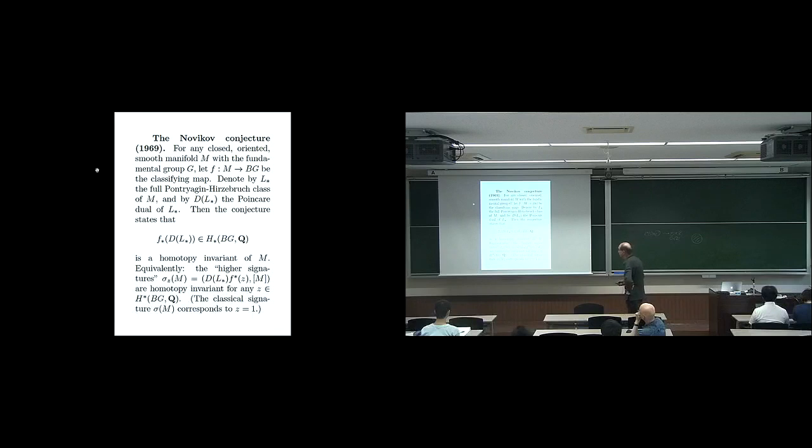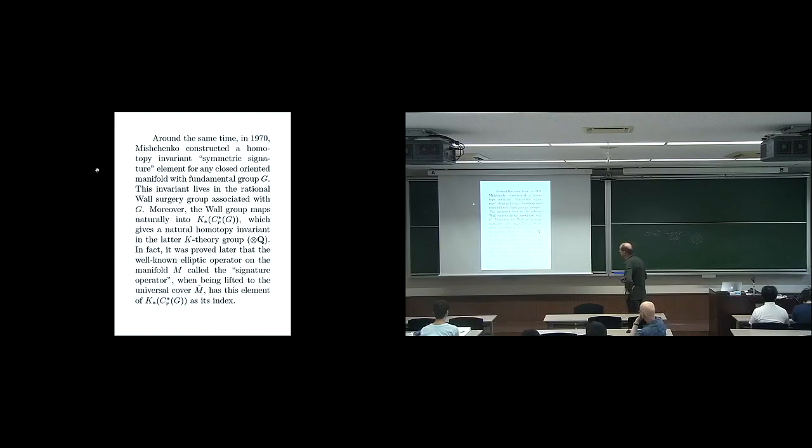In other words, if you define the higher signatures like this, the higher signatures corresponding to each element Z of the cohomology group, you pull it back by this map, and you consider this product, and all these higher signatures will be homotopy invariant. An important contribution was made by Mishchenko, who constructed a universal homotopy invariant symmetric signature in a certain Wall group.